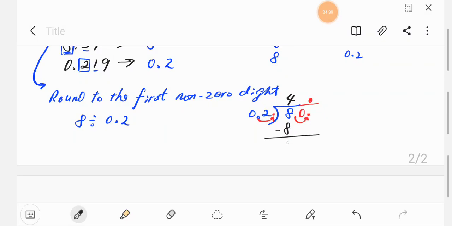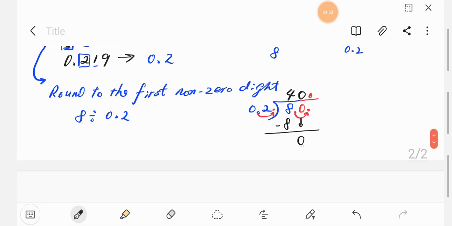Subtract. Then this is 0. And the 0 comes down. So this is equal to 0, right? 2 times 0 is 0. So the answer will be 40. So 80 divided by 2 is 40, right?